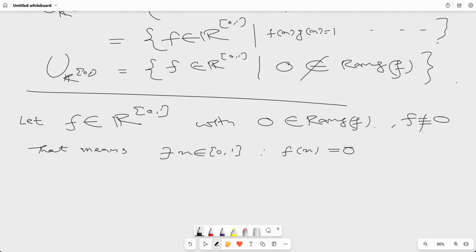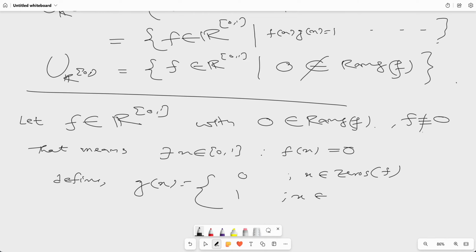At least for one x there will be 0 inside the range of f, and f is not identically 0. So define g(x) by cases, depending on whether x is inside the zeros of f.